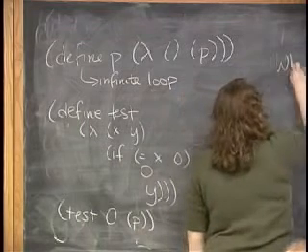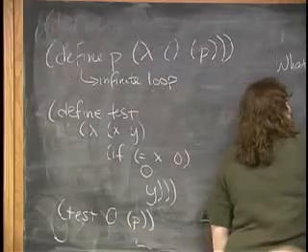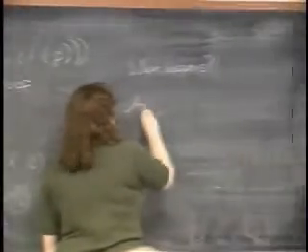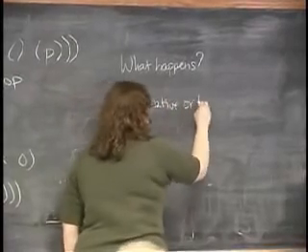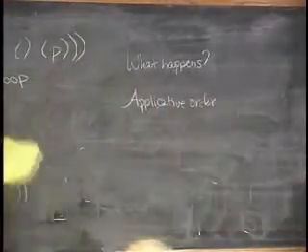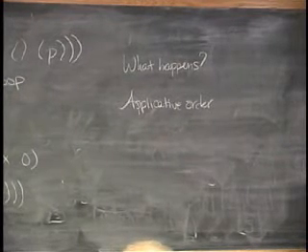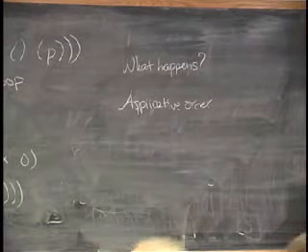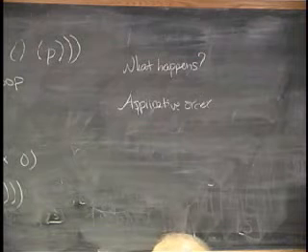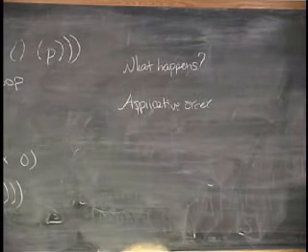So, what happens? How about applicative order? Is the P the same P as before? It is the P defined up here, yes. That last line, test 0 and P in parentheses, is a call to the procedure test, passing in 0 as the x argument and an application of P as the y argument.